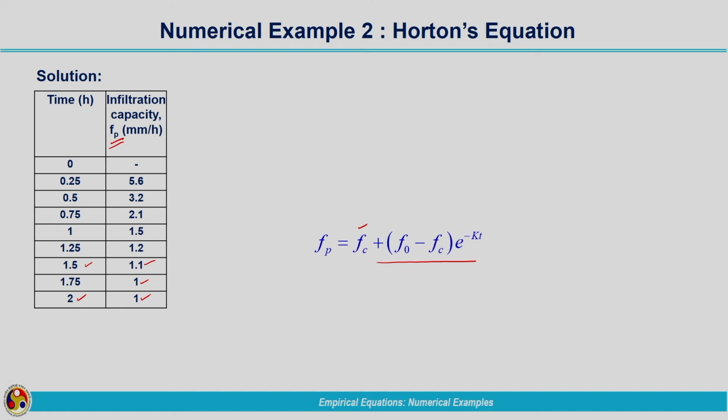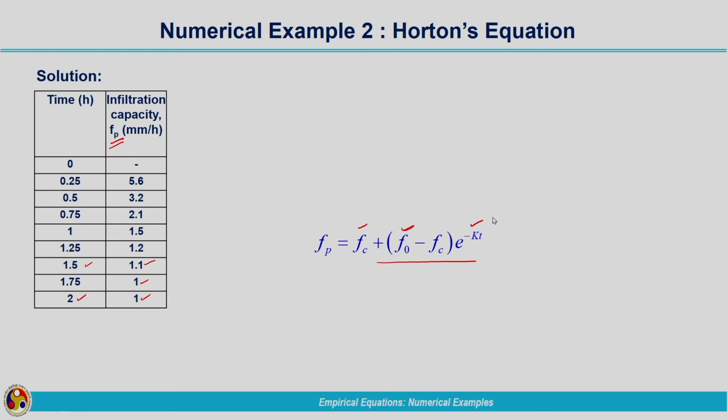That means the infiltration rate has reached the steady state. So, Fc is obtained from our data. Now, we need to find the values corresponding to F naught and k.